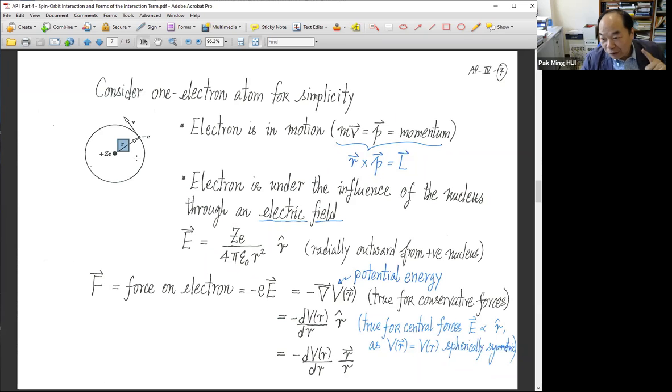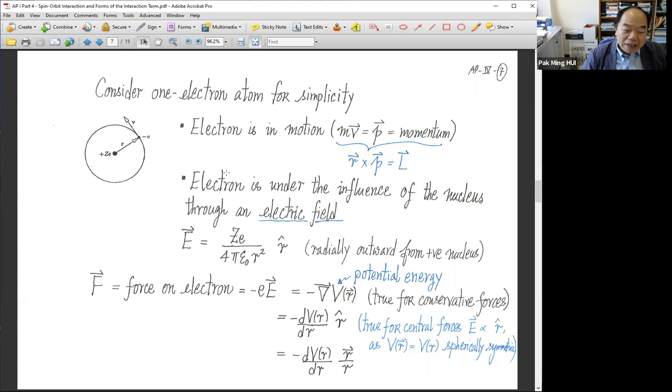So from the nucleus to the electron, pointing that way, there's a vector. And with this picture, r cross mv will be the angular momentum. And we want that to appear at the end, okay?